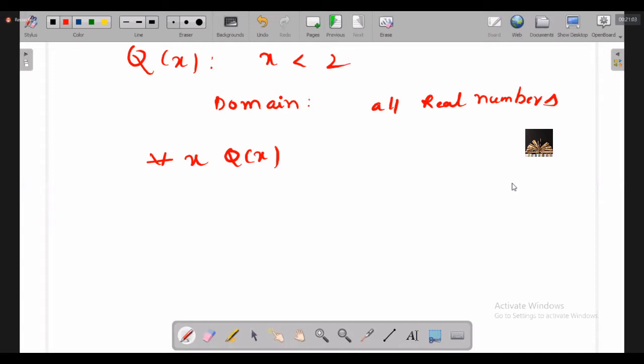It is like a conjunction: if any one is false, it totally becomes false.